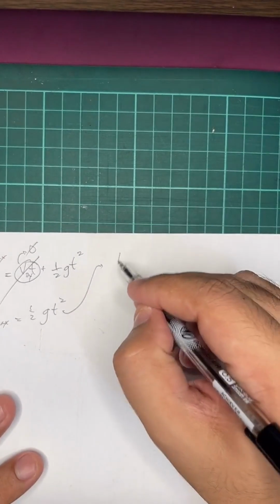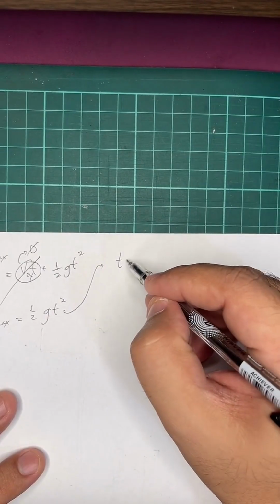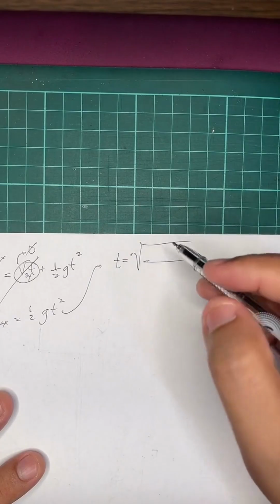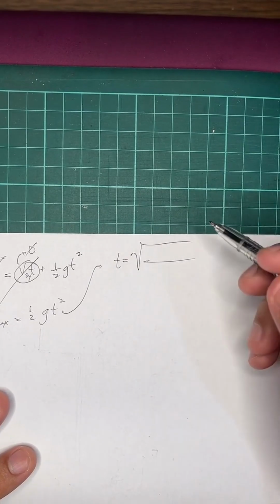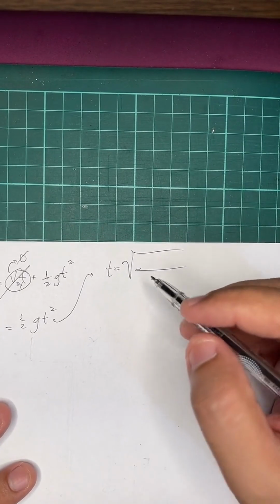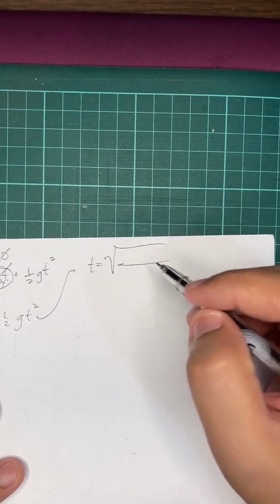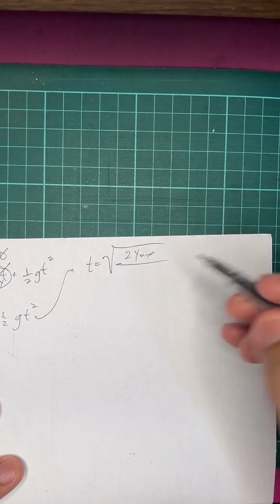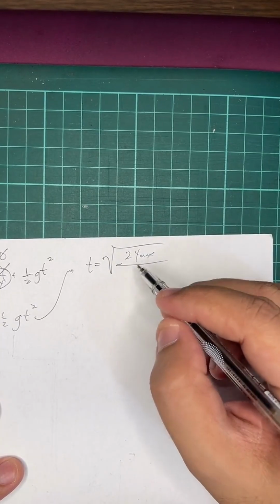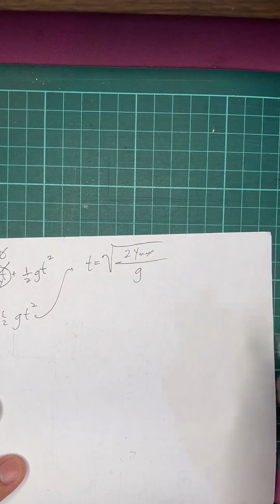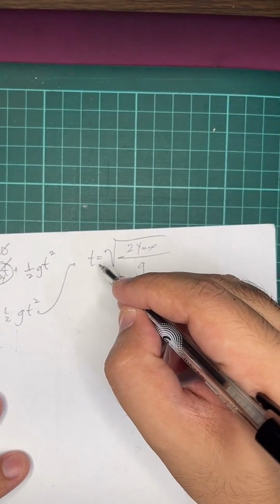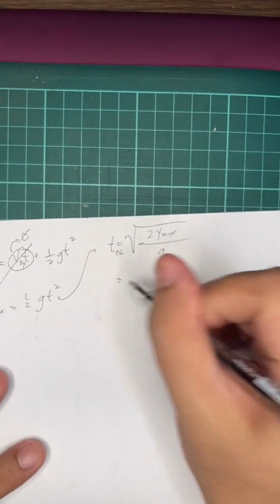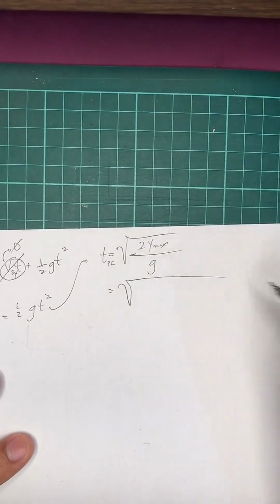It becomes T is equal to, we were able to solve for this earlier, 2 y max over G. So time from peak to ground would be given by this equation.